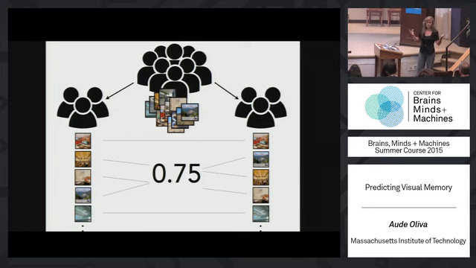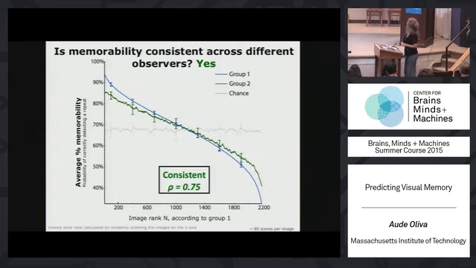And this gives us basically the maximum performance that we can expect when we have a group of people that can predict the rank of images of another group of people. And actually, here is the curve that shows what this 0.75 consistency looks like.